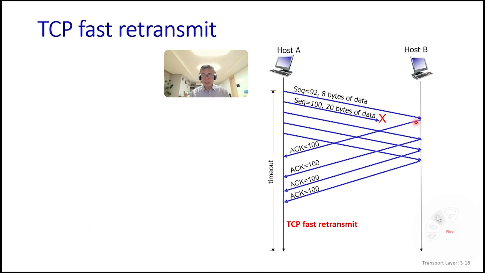So there is this first acknowledgement, and then the next three consecutive data segments generate three duplicate ACKs. Eventually, the first one and then three duplicate ACKs, four total acknowledgements, which means this segment is lost, and then host A retransmits this one rather than waiting for the timeout for this segment.